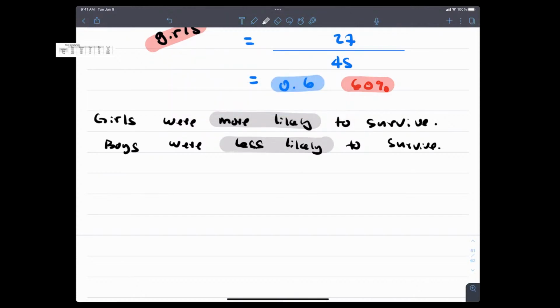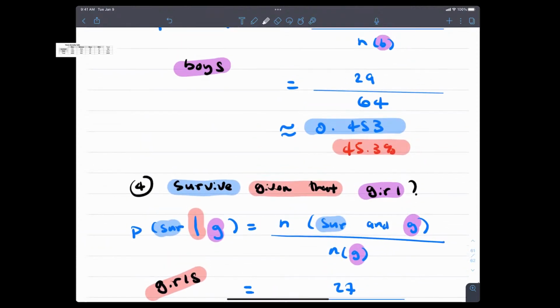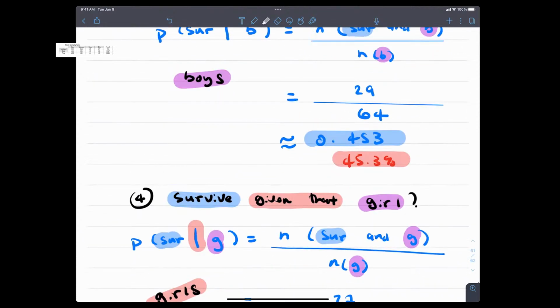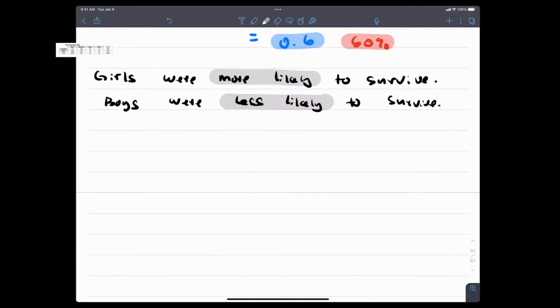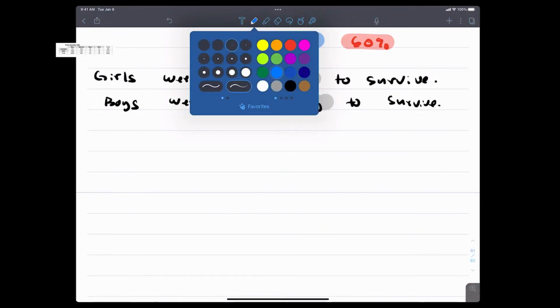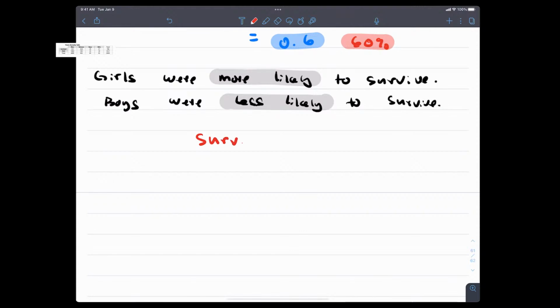What do you guys think? Not a bad definition? And these are, I'm going to say this to you guys, what we call survival rates. These are the survival rates. Why do you think they call it survival rates?